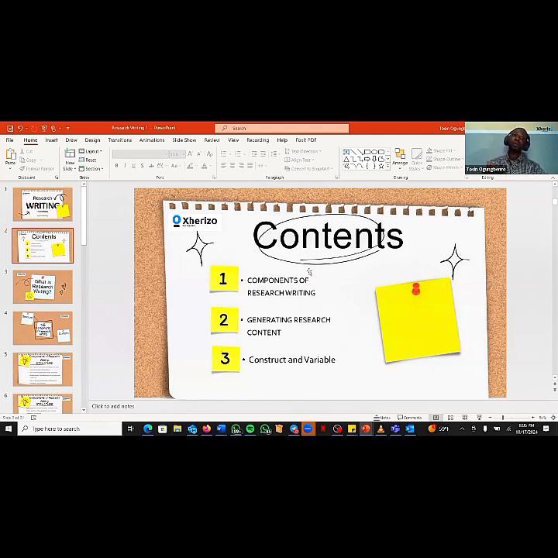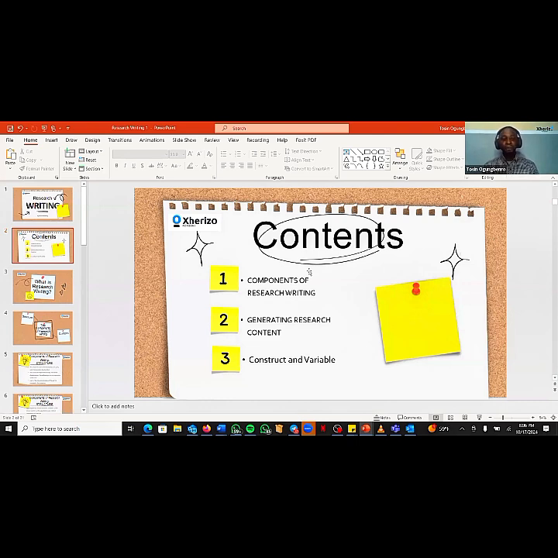And one major thing that differentiates academic writing from non-academic writing is references. If you don't reference your work, it's categorized as academic misconduct, which they call plagiarism. So also within these 3 days, I'm going to be touching on references.